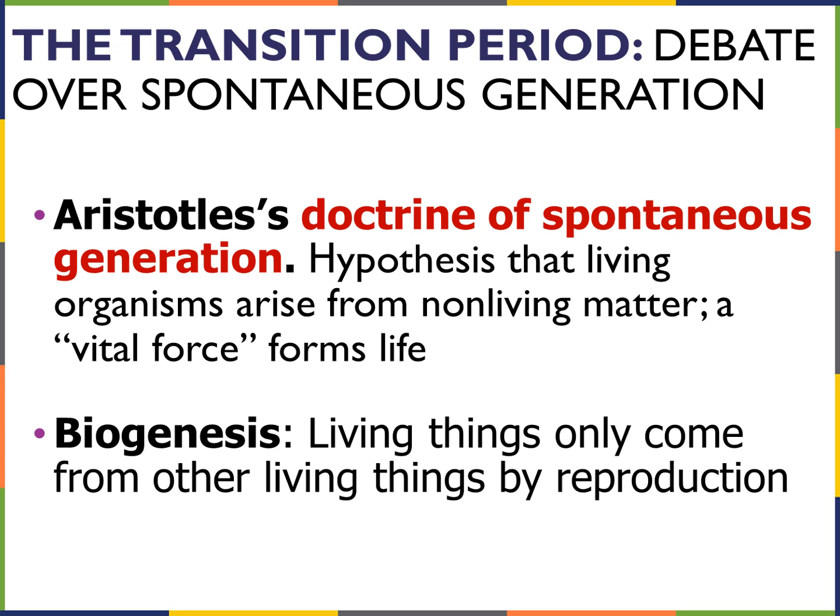So when the tree died and it fell over into the water, somehow the tree itself turned into an alligator. Okay. Or another example is, how did frogs come to be? Well, frogs are typically found near mud. So it was thought during those days that the mud itself somehow turned into a frog.